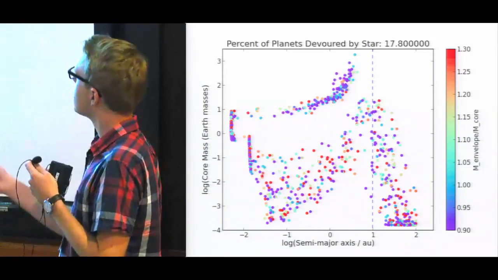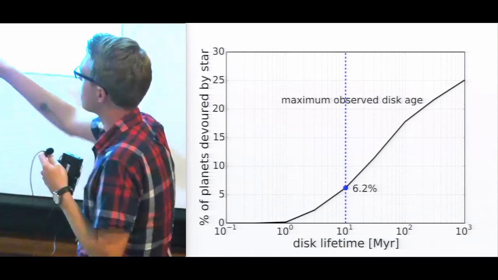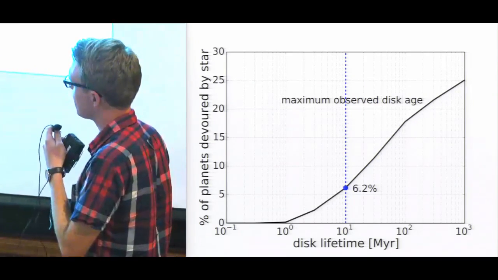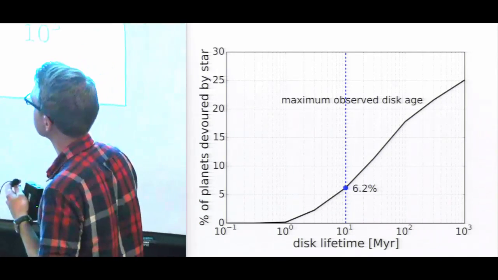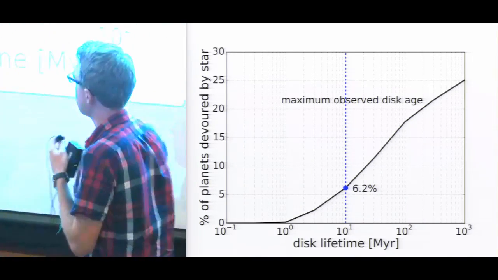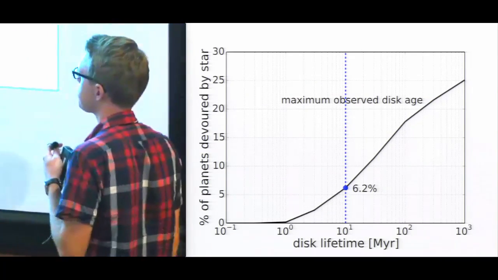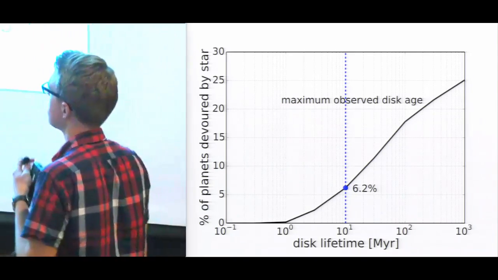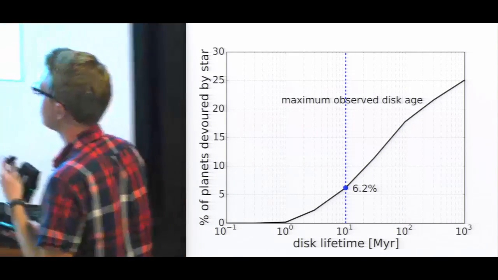And then we graphed the percentage of the planets devoured by the star as a function of the disk lifetime. And we found that the best number was at about 10 million years, and about 6.2% of the planets were completely devoured.